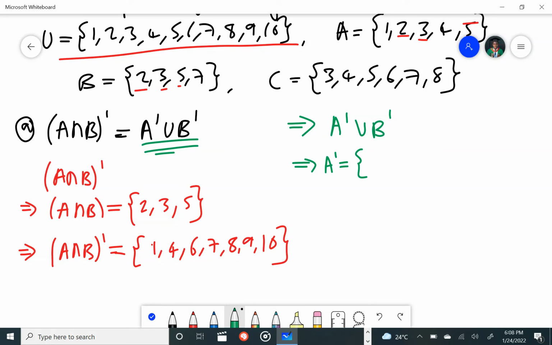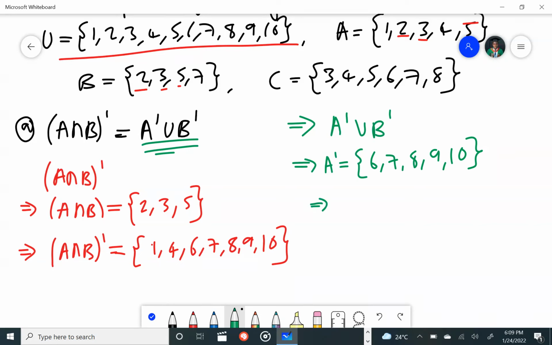A complement is everything that's not in A but is in the universal set. So we're starting from 6 because 1 to 5 is in set A. So 6, 7, 8, 9 and 10.